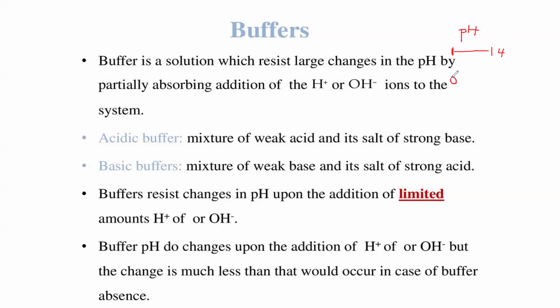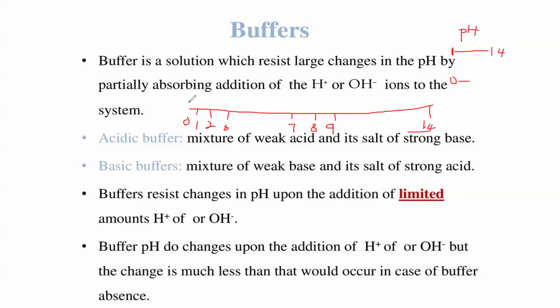I think it is important here for me to draw what you call a pH scale. A pH scale usually starts from 0, 1, 2, 3, up to 7 here, 8, 9, up to 14.